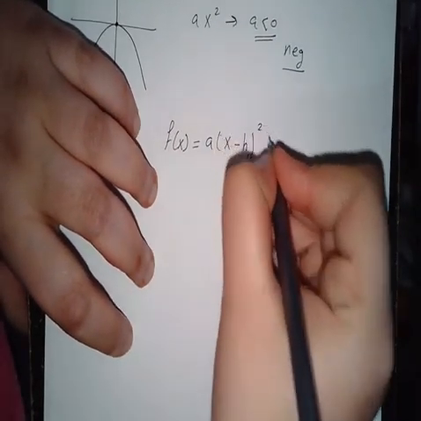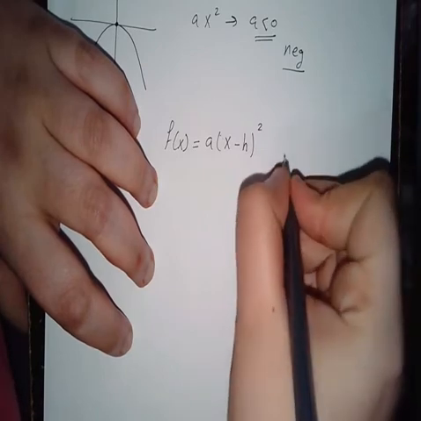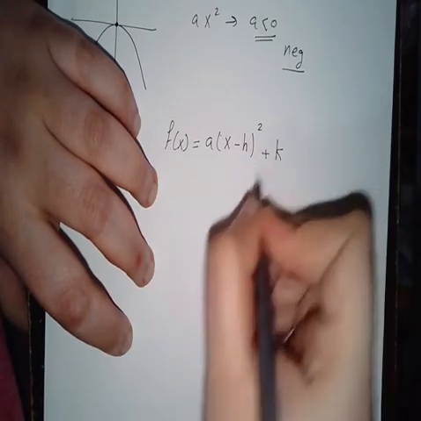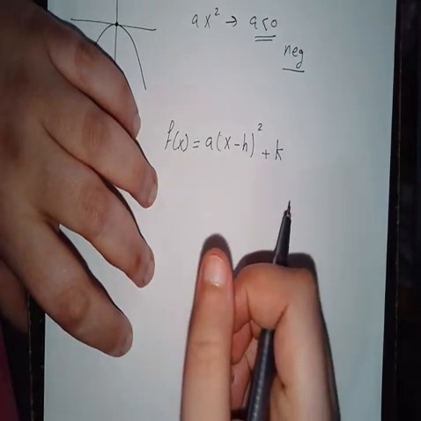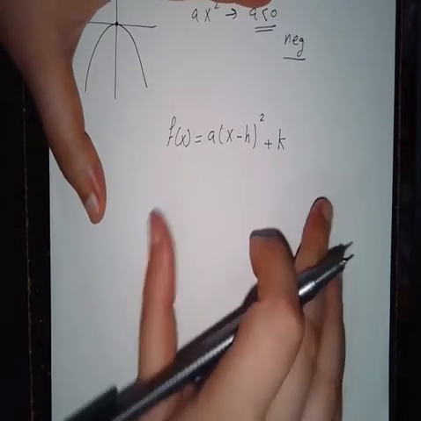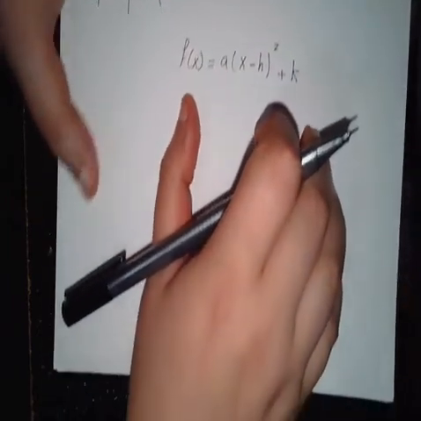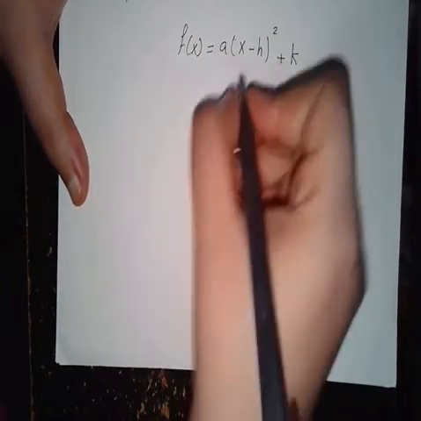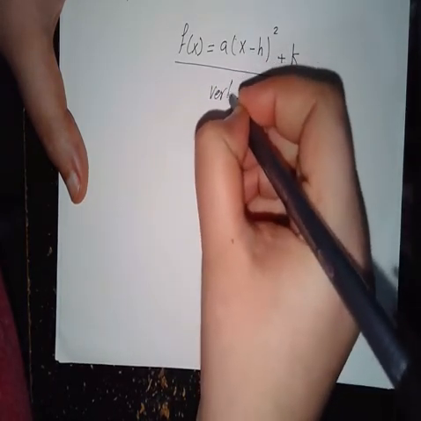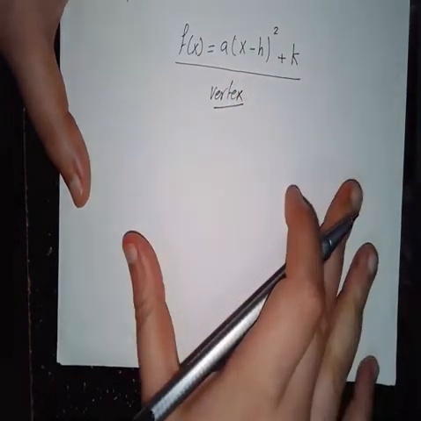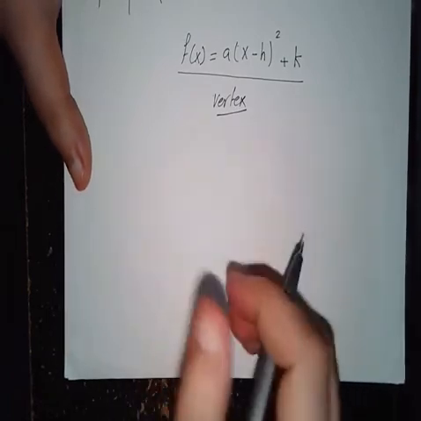And then you square this pair of parentheses, and then you add the k to it. I'm also going to explain what k is. Alright? Now, from this form right here, you use this to find your vertex. And we call this the vertex form.